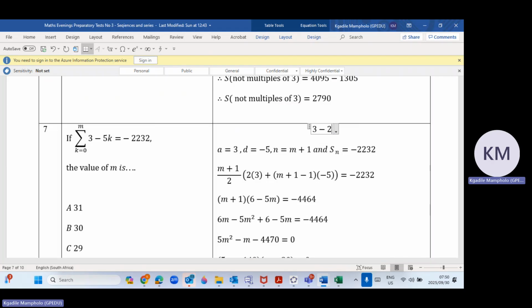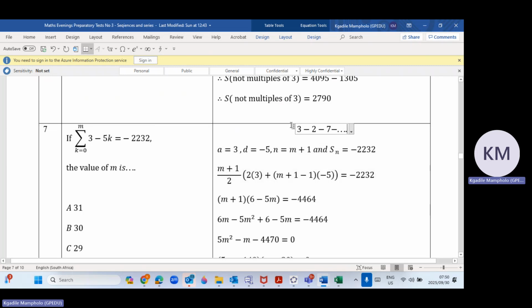The third term is when K is 2, then minus 5 times 2 is minus 10, then 3 minus 10 is minus 7. You write only the first 3 terms.